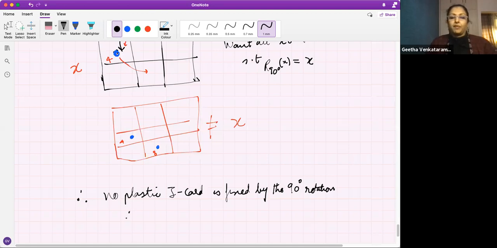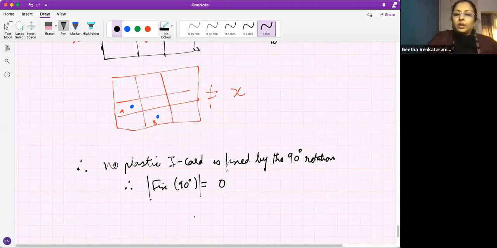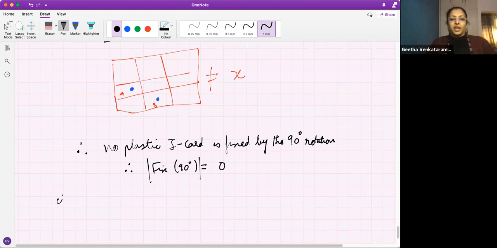Okay. Therefore, the fix of 90-degree is 0. I mean, the order. And you can check that since R 270-degree equals R 90-degree inverse in the group, the order of the fix will be the same.